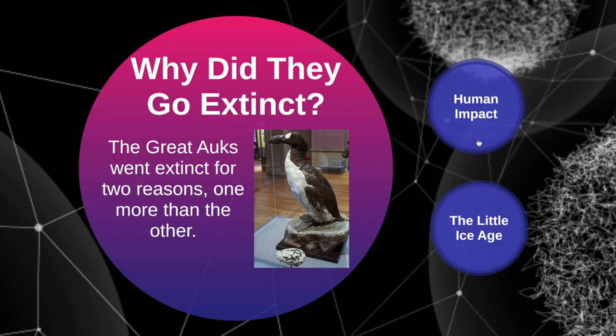Right now, scientists are trying to bring them back to the foreign islands, where there are a bunch of razorbills and puffins, and there are no predators, and it's a good breeding place for them. But after we breed a good amount of great auks, then we will think about bringing them back to their original habitats like the Atlantic, Iceland, and other places.